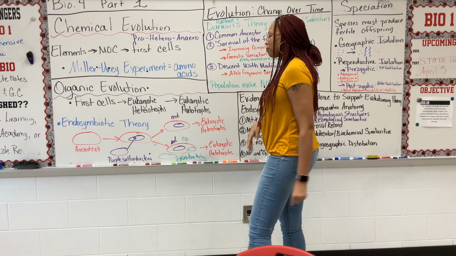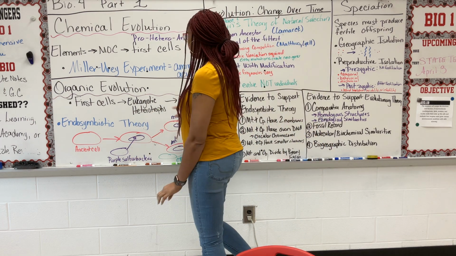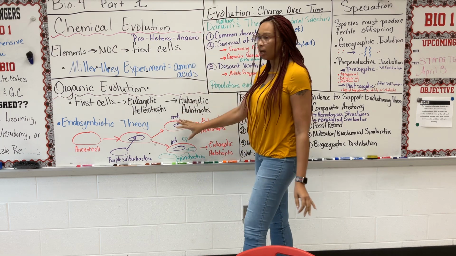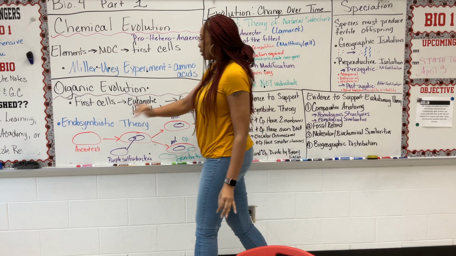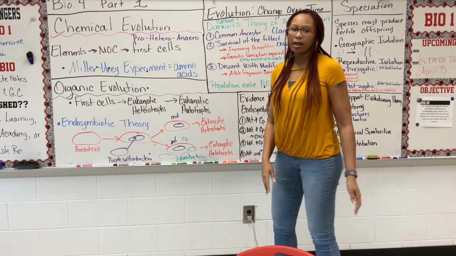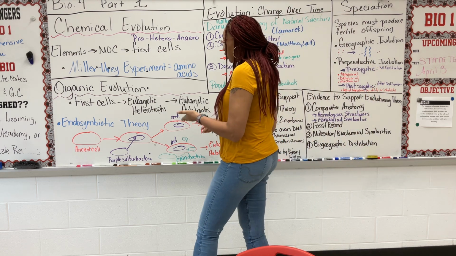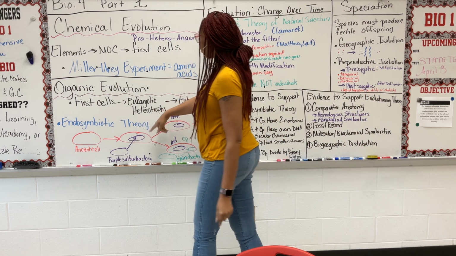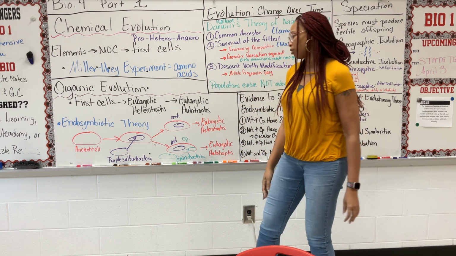All right, but anyway, the endosymbiotic theory is basically a theory that tries to explain the existence of these two cell organelles. And so basically what it's saying is that an ancient cell engulfed a prokaryotic cell. We believe purple sulfur bacteria was the first cell to have been engulfed by this ancient cell, because remember, the first cells would have been heterotrophic, so they would have had to consume things in order to get their energy.